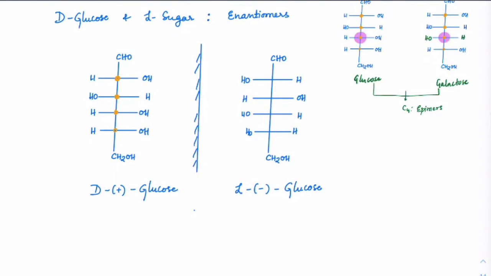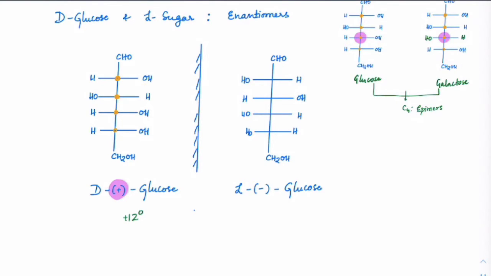And if we check out D, this positive represents the observed rotation in the polarimeter. In the polarimeter, when it comes to glucose, it is found to be positive, which means it is dextro rotation. This D is not to do with dextro rotation. This positive means dextro rotation. Okay. If this is dextro rotation, in fact the rotation is around positive 12 degrees.